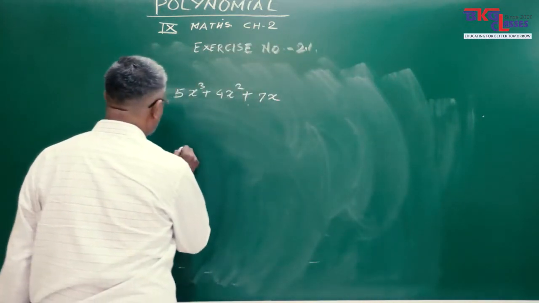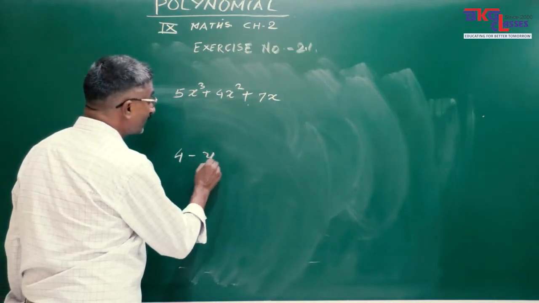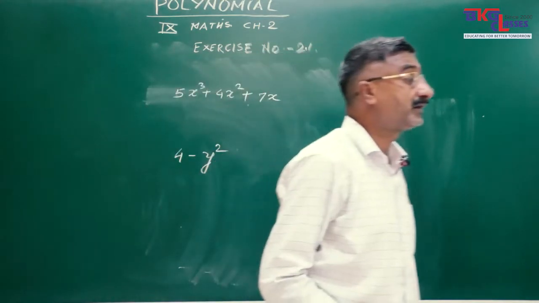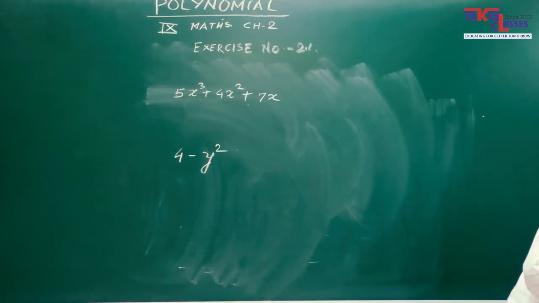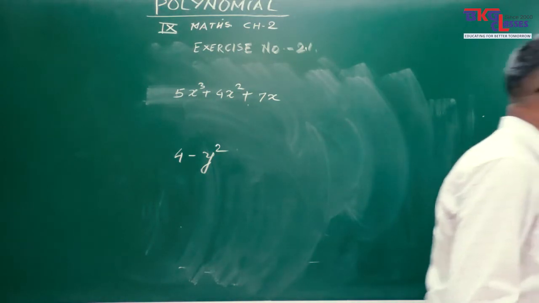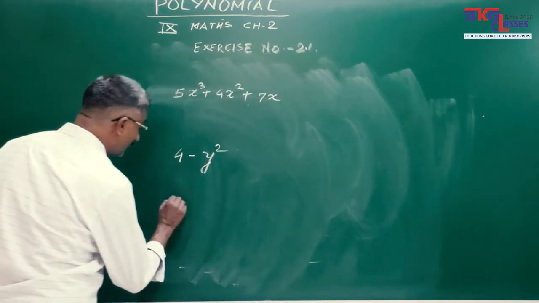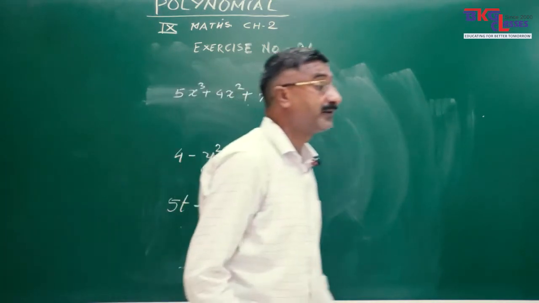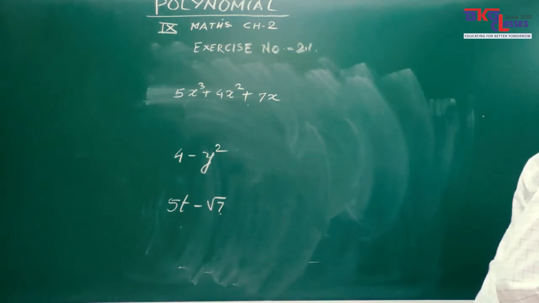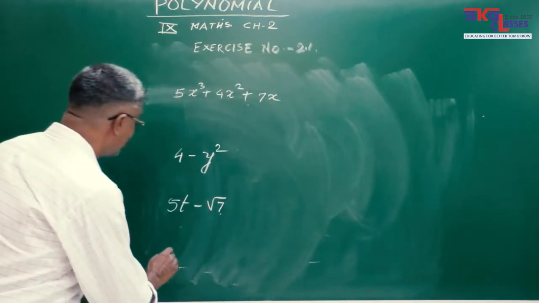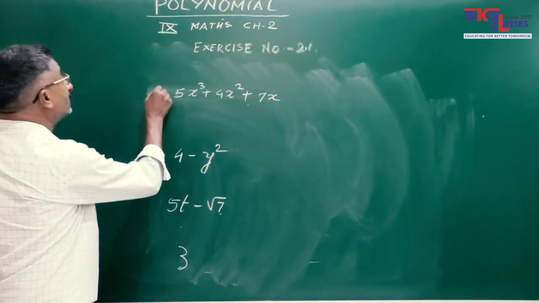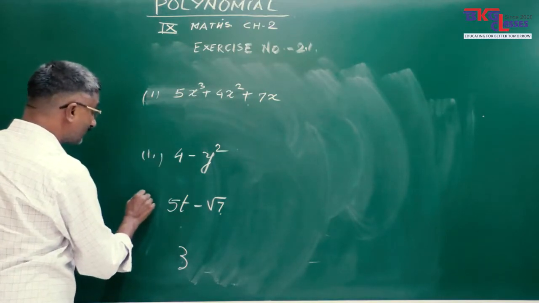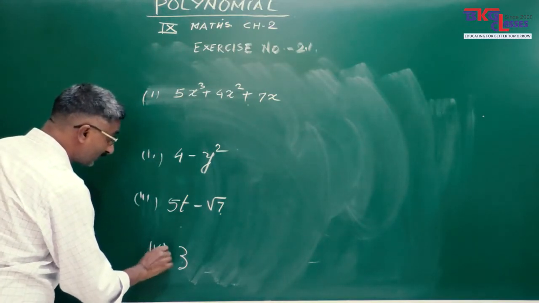Second problem is 4 minus y square. Third one is 5t minus root 7. Next one is 3. This is first one, this is second one, this is third one, and this is fourth one.